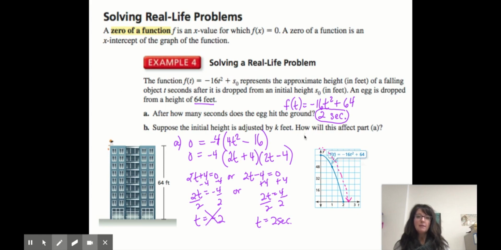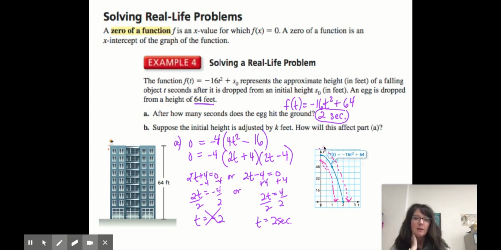So if k is positive, it would take longer. If it's less, it would take a shorter amount of time. So it's going to change the time in seconds, and that's how it will affect it.